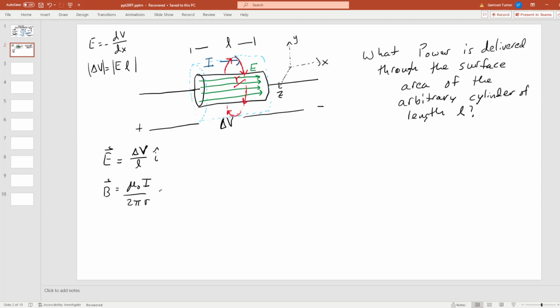Without going into too much nuance, we're going to call this phi hat, where phi is the angle. If I look at my magnetic field face on like this, it's looping around this way.